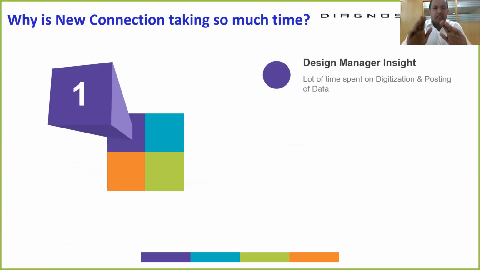By the way, this is going to be a summary sheet that I'm going to maintain throughout this webinar, and I will use it to note all the insights that we get from the process of diagnosing why new connection is so slow. At the end of it, let us see if we can summarize everything into an insight which can in turn be converted to an actionable item. So the first insight that I have is that digitization and posting in new connection takes a lot of time.